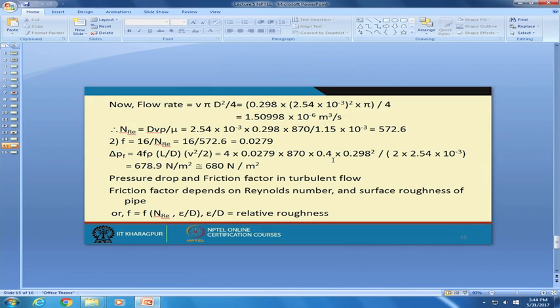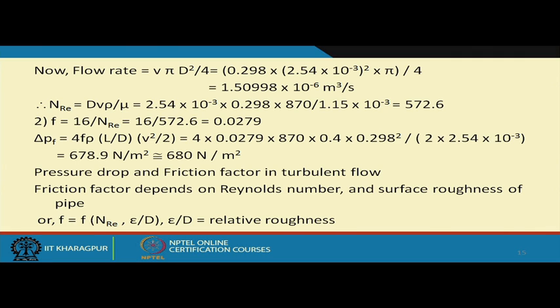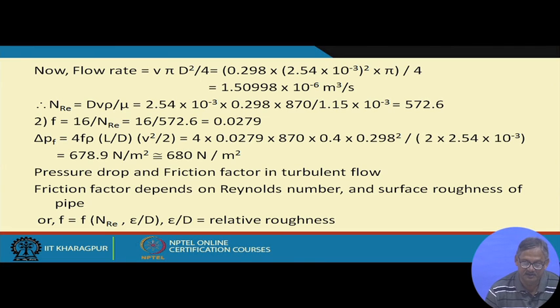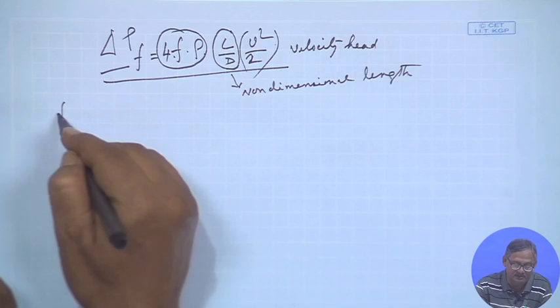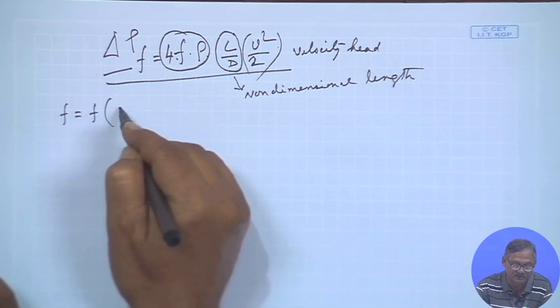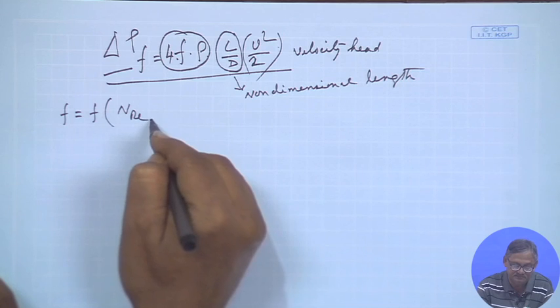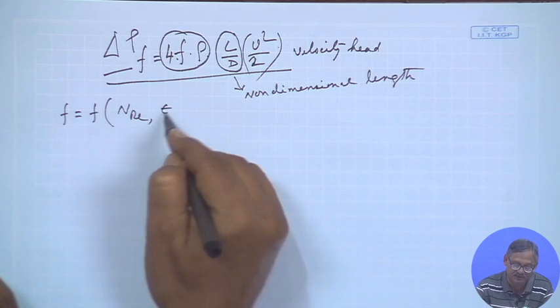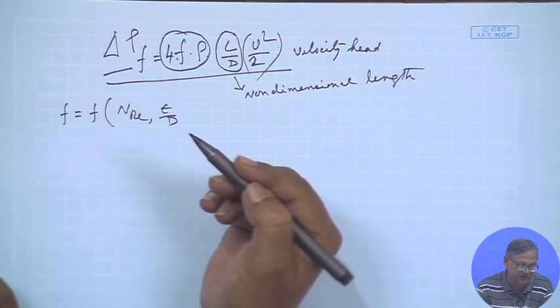Now, we can find out fanning friction factor for the turbulent flow, right. If we can determine it, for that what you need to know is some more relations, that fanning friction factor is a function of NRE and epsilon by D, right.